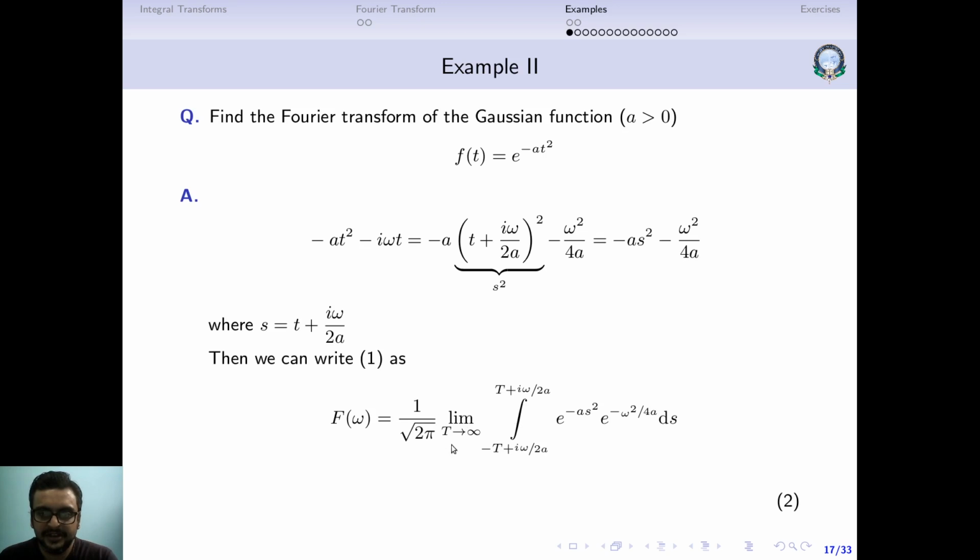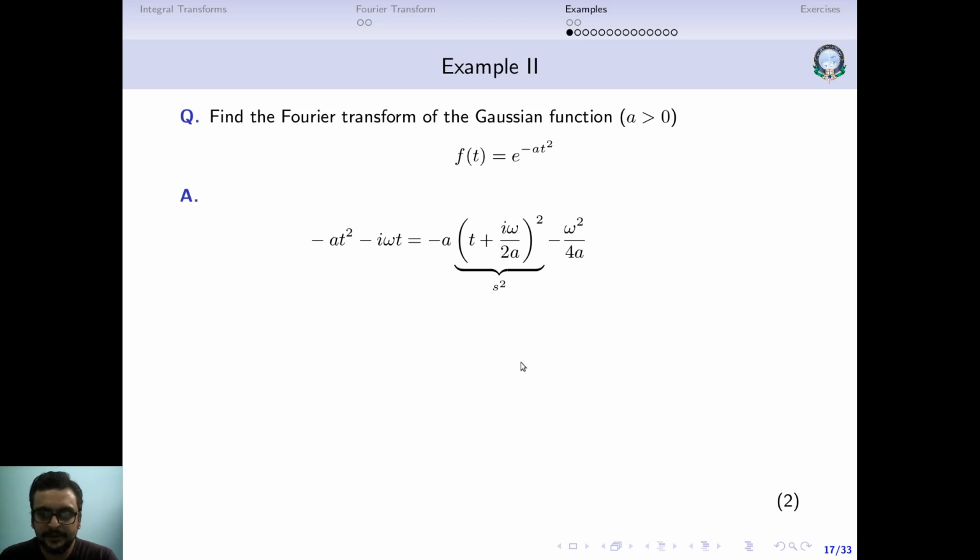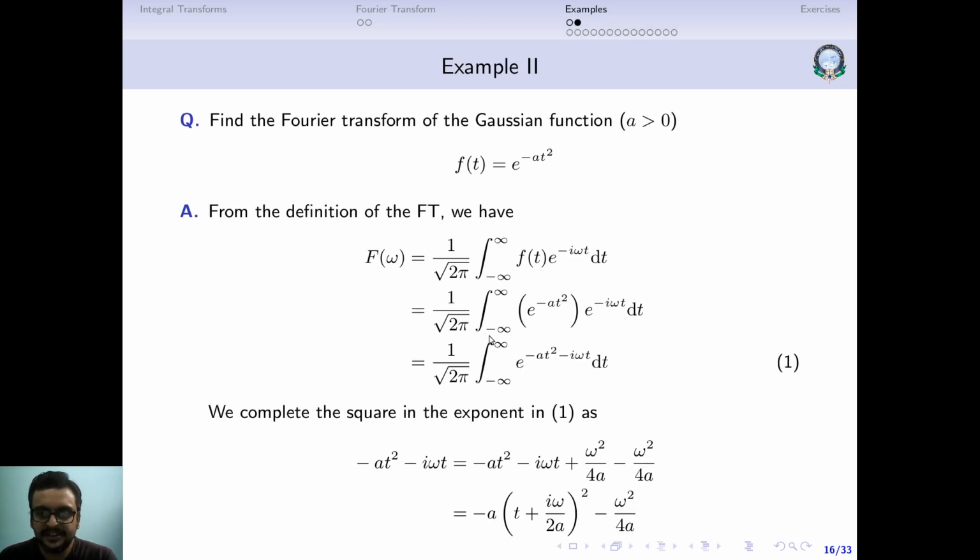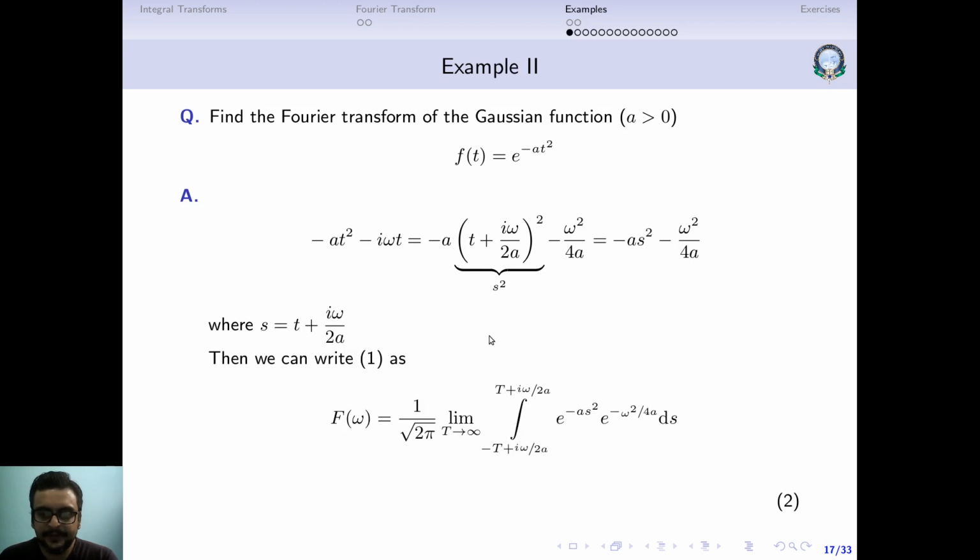Earlier in equation number 1, it was integration from minus infinity to plus infinity. Now we have made a change. Instead of t, we are using a different variable, a complex variable s. So we are writing e to the power minus a s square, and then e to the power minus omega square by 4a, which comes from this one. And this dt, I'll replace with ds.